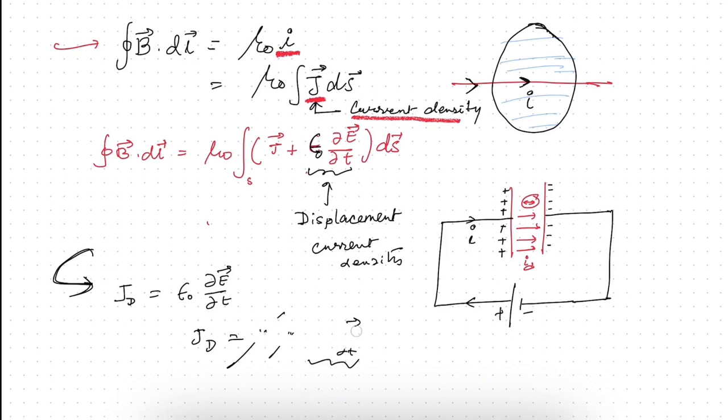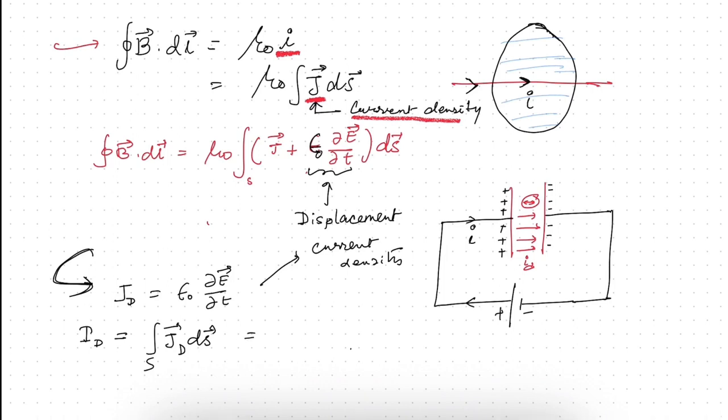This is called displacement current density, and the displacement current will be given by the surface integral of J D dS.